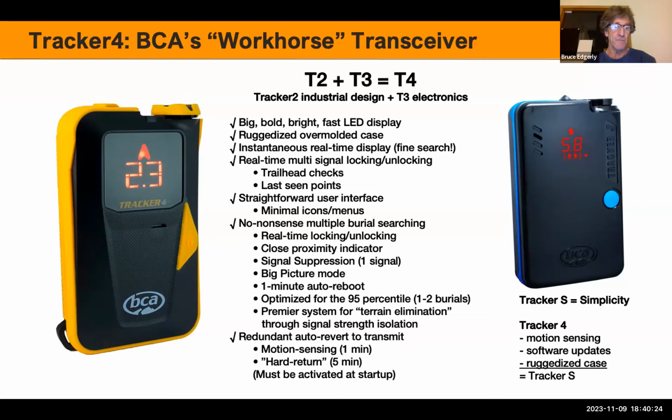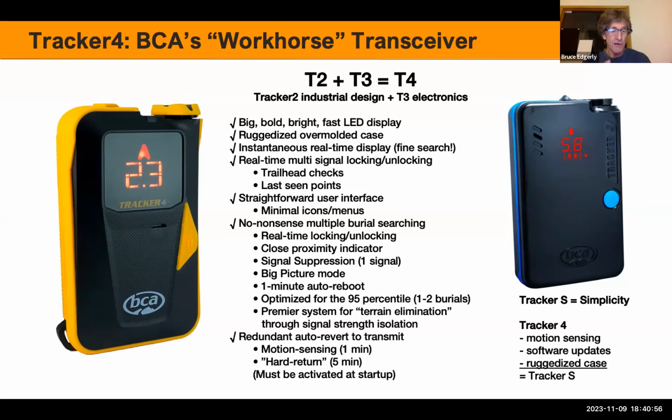And that's because there's a possibility, and a higher probability with more and more victims within range, that you're going to have overlapping signals. So if you just don't bother pressing buttons and you have last seen points, then you can just run to one last seen point, go down the fall line, get that person an airway, and then run over to the next last seen point and do that fine search, and you haven't pressed any buttons.